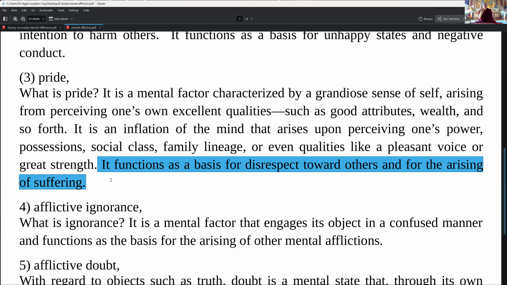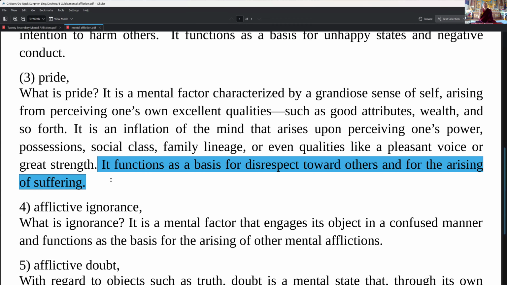Verbal disrespect means you never praise others. Once your pride arises, at that moment you are not complimenting others, or you don't like to compliment others because you are the best. And then with body actions, you never show respect. The hand gestures, whatever body attitude, you never show respect to others, or you don't want to show that.